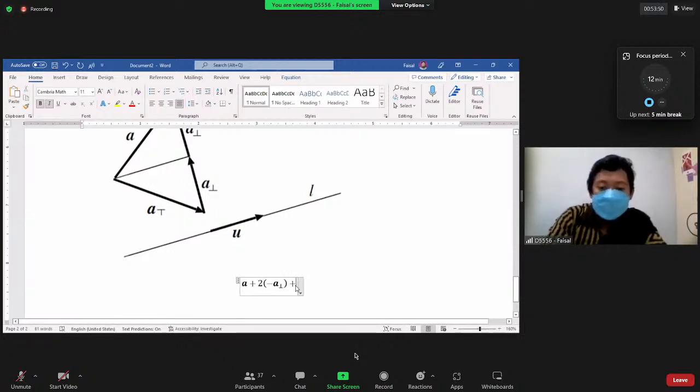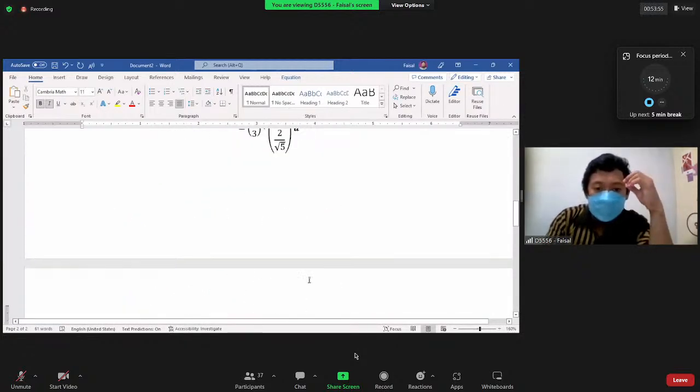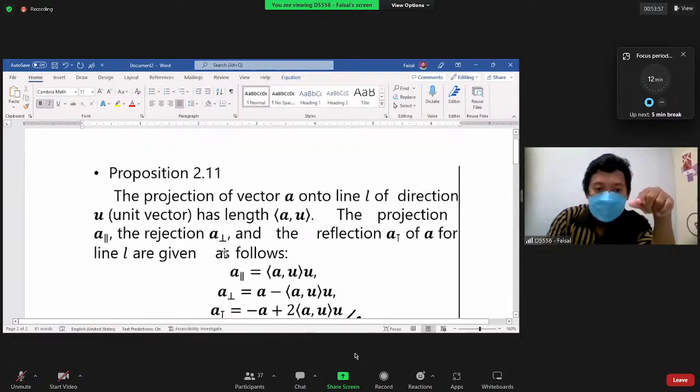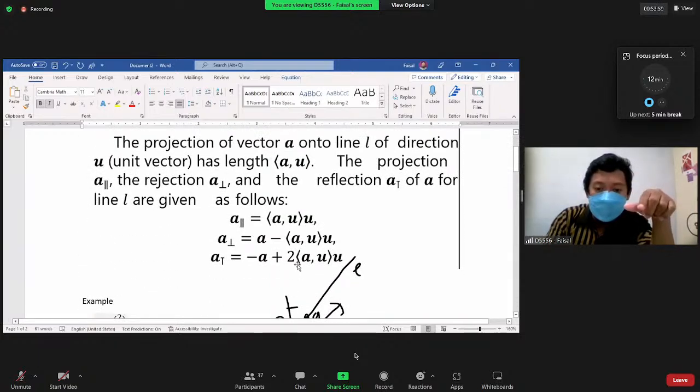Okay, and then we substitute the formula of the rejection from proposition 2.11. We know this is the formula of the rejection.